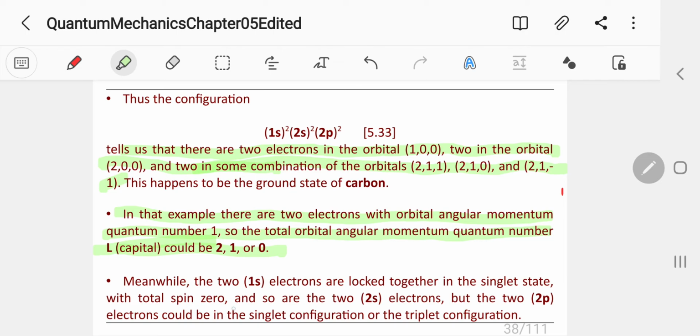Meanwhile, the 2 1s electrons are locked together in the singlet state, and also the 2 electrons in the 2s, but the 2p electrons could be in the singlet or triplet configuration.